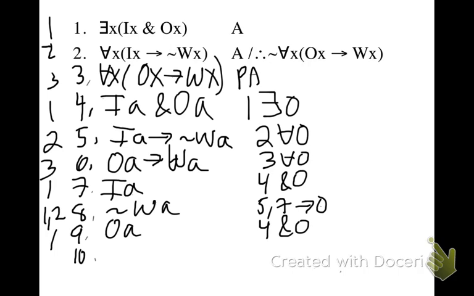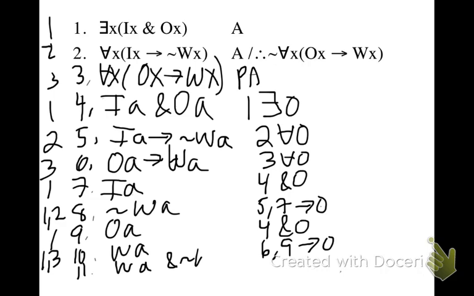And now I get WA from 6, 9, arrow out. And that's going to depend on 1 and 3. And then line 11 will be my contradiction, WA and not WA. And that's by 10, 8, ampersand in.